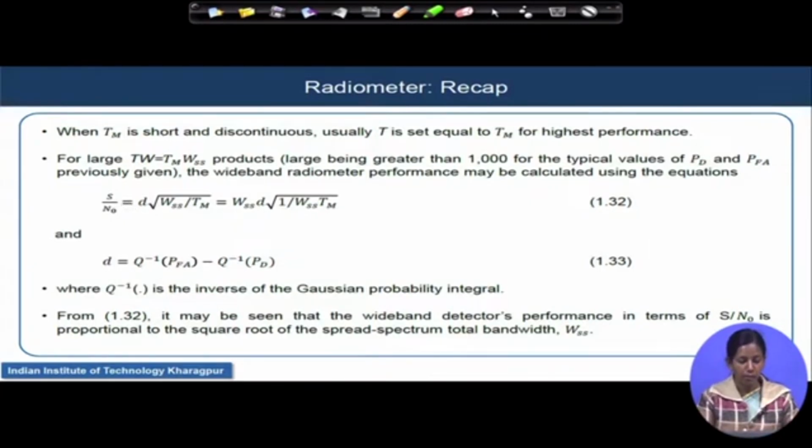Inside this expression, WSS and Tm are known to us, and the parameter D is nothing but the inverse of the probability of false alarm and the inverse of the difference between the probability of false alarm and the detection probability. From equation 1.32, the wideband detector's performance in terms of signal to noise ratio is proportional to the square root of the spread spectrum total bandwidth WSS.